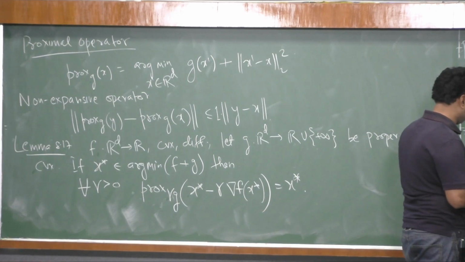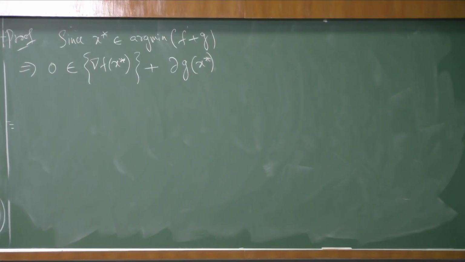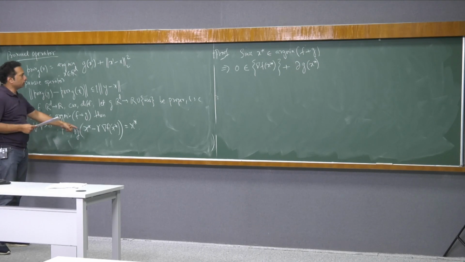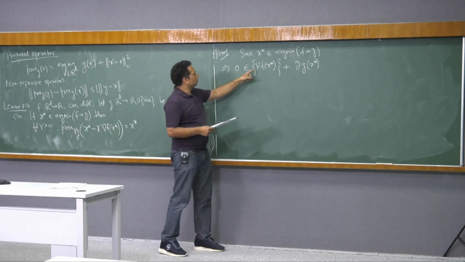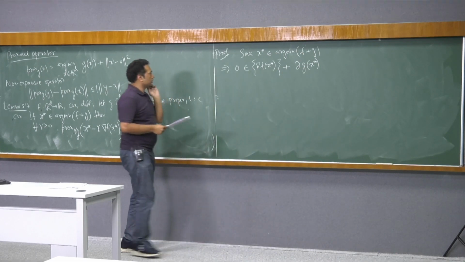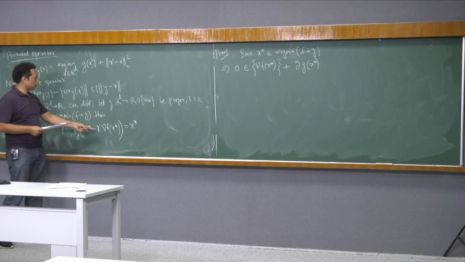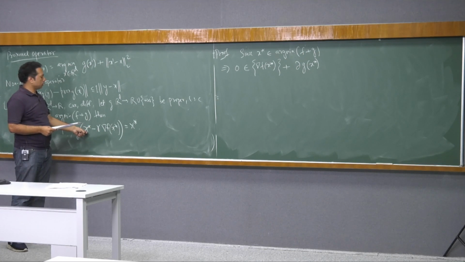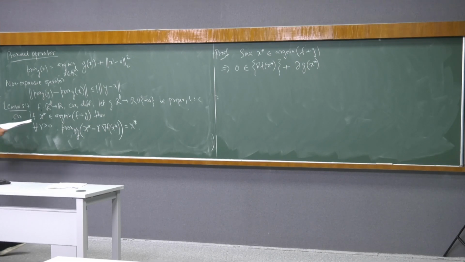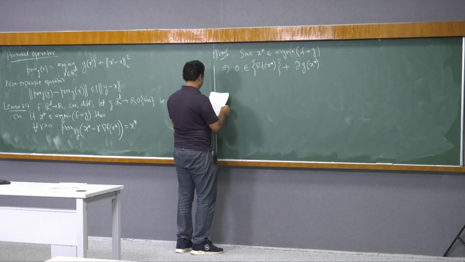We can multiply both sides by gamma in this inclusion, and then we are also supposed to add x star. So gamma 0 belongs to gamma grad f plus the subdifferential of gamma g. We multiply both sides by gamma first and then add x star.